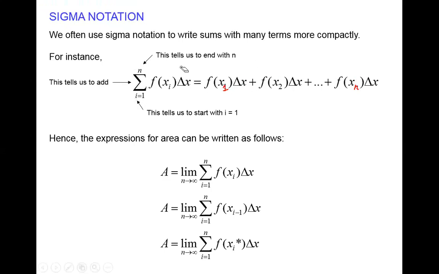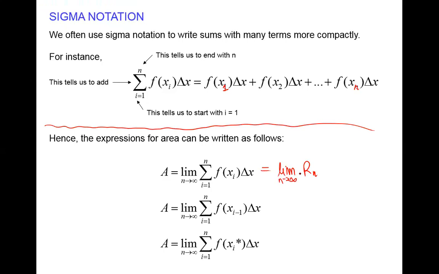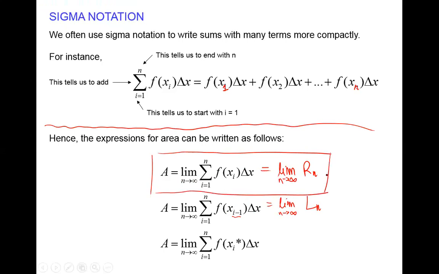Make sure that you know the sigma notation. And you can probably guess this is the right endpoints. Actually, this is the limit using the right-hand side endpoints, and this one is one less, which means this is the left endpoints.